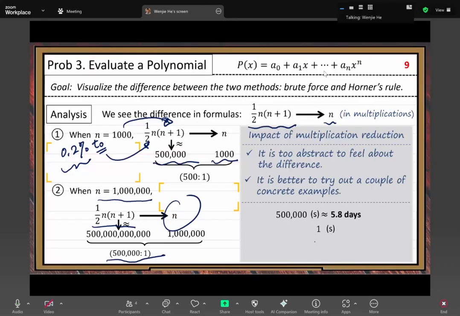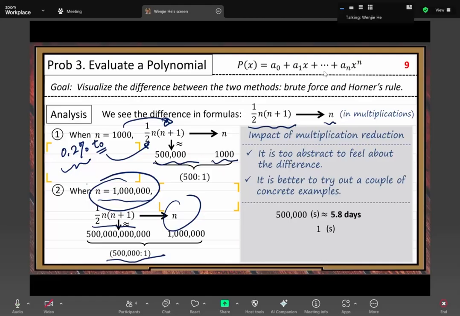If you do not use Horner's rule, you calculate a huge polynomial with this many terms. Imagine you are an engineer calculating satellite related data with this many terms.